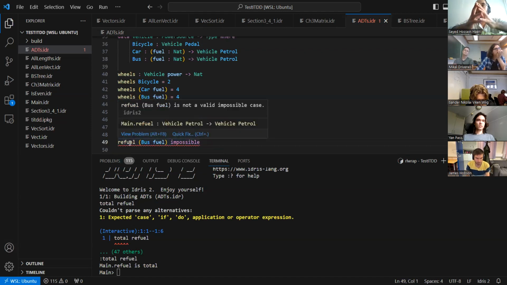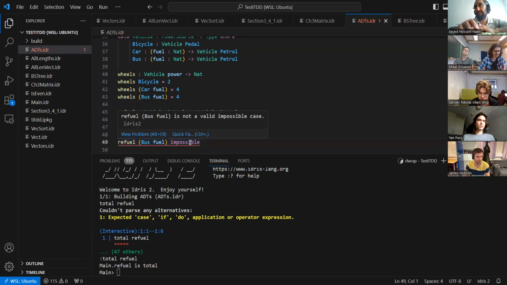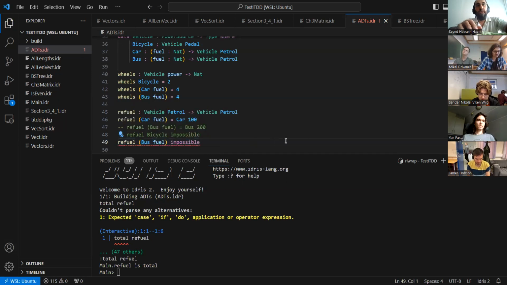It is possible to refuel a bus, because a bus is an instance of a vehicle of petrol, and we have said that the type of refuel is vehicle of petrol to vehicle of petrol. So that's a wrong usage of the impossible directive, right? Okay, we're good with that.